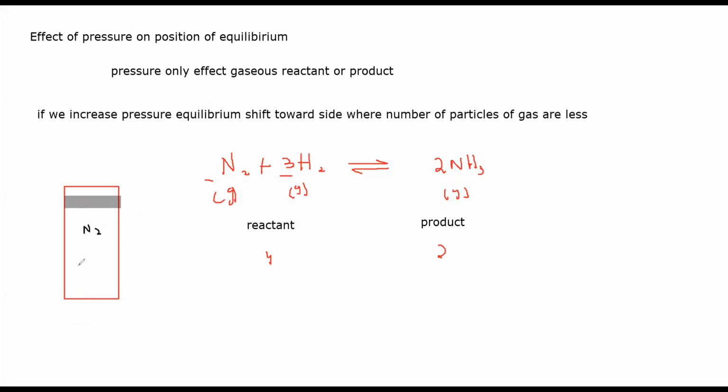Nitrogen is there, 3 molecules of hydrogen, and ammonia is there. If I increase pressure, it means I will push this down, because to increase the pressure I should reduce the volume or compress the gas. So if I increase the pressure, what will happen?